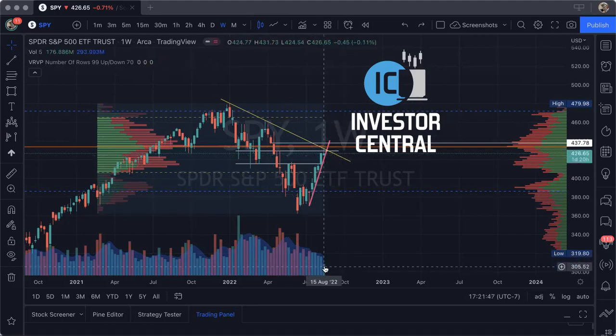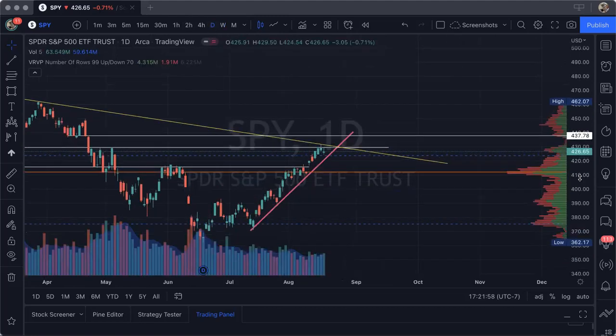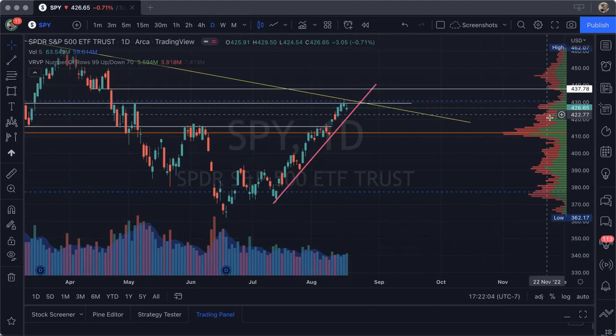Look, we're really struggling already. The last couple weeks were pretty decent in terms of buyers coming back into the market. Call it a short covering rally, whatever. At the end of the day, price is where it's at. It's at the 426, 430 area. But look at this area that we're in.